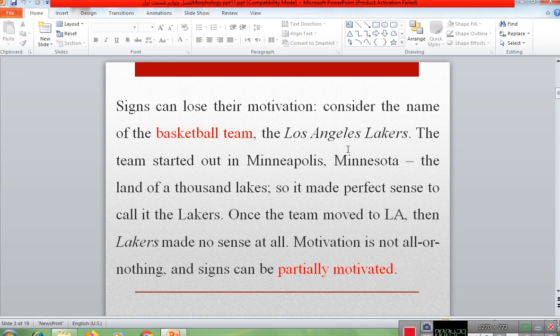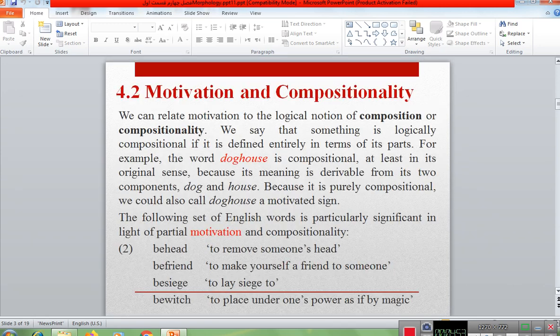Once the team moved to LA, the name Lakers made no sense at all. So signs may lose their motivation, like this example. Motivation is not all or nothing, and signs can be partially motivated, as you see in the stop sign, which I defined to you.